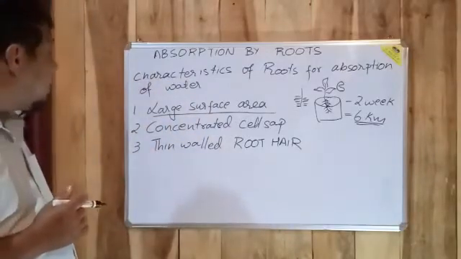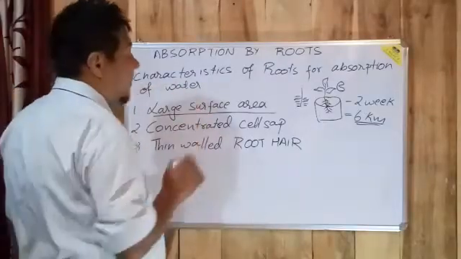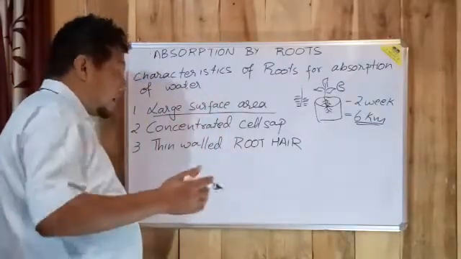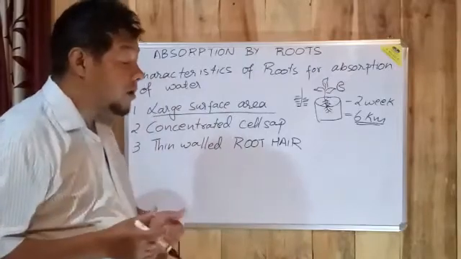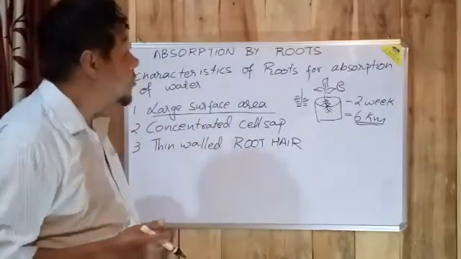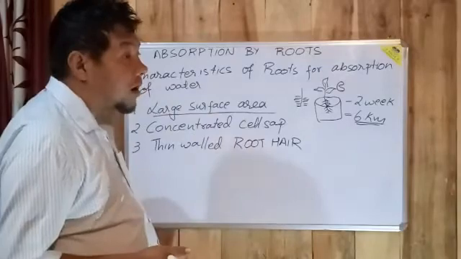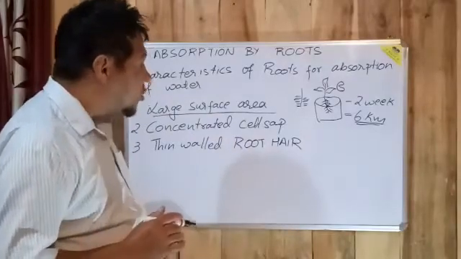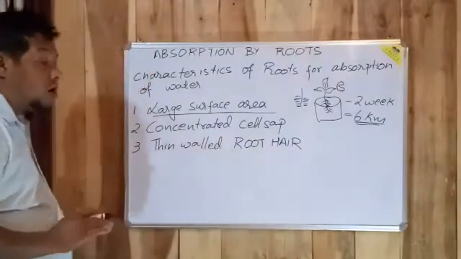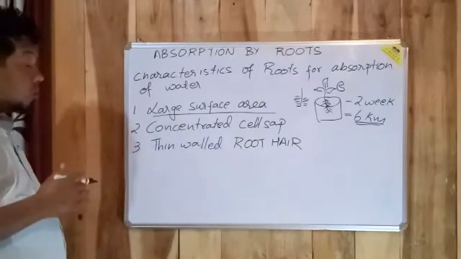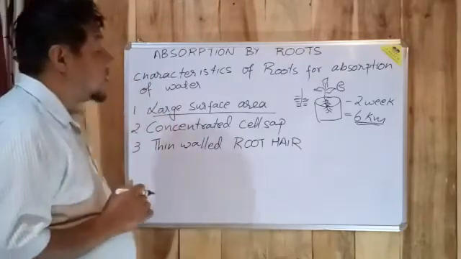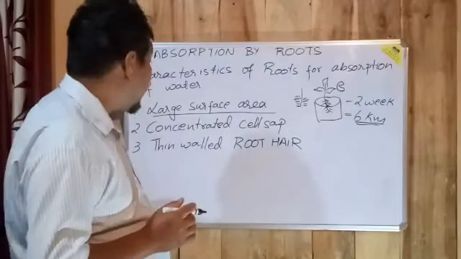Next is obviously the concentrated cell sap. In the later part of this chapter, we are going to study osmosis and diffusion as well. There, you will understand how molecules move from a region of lower concentration to a region of higher concentration through a semi-permeable membrane.